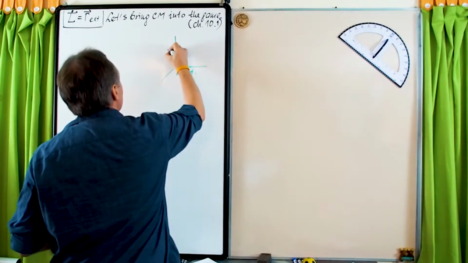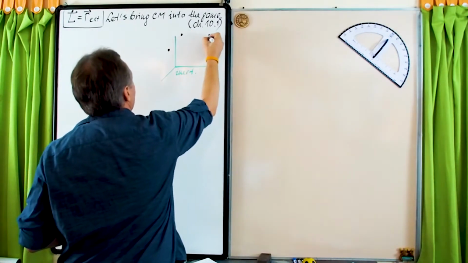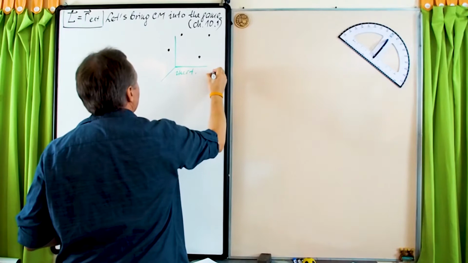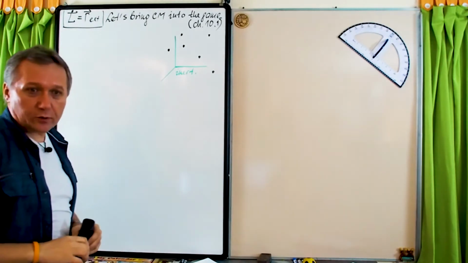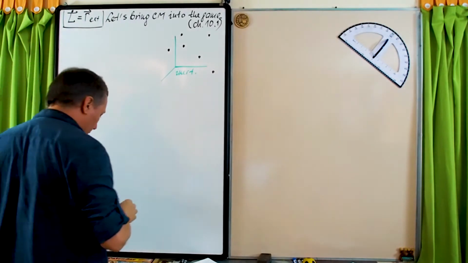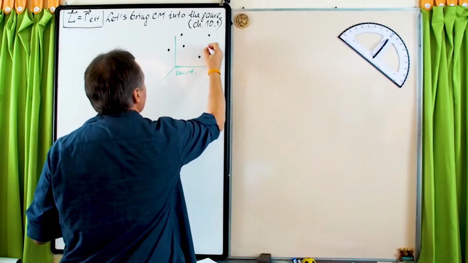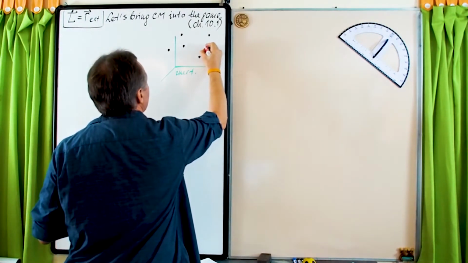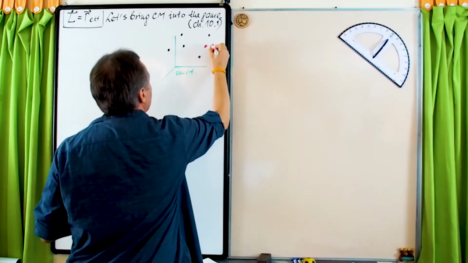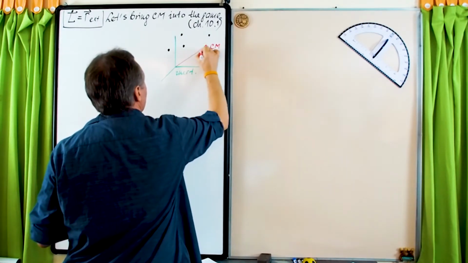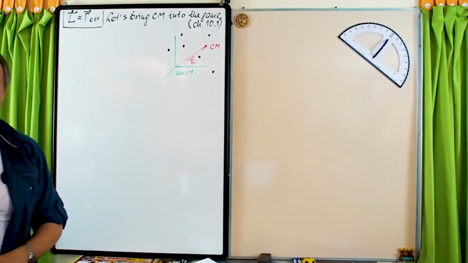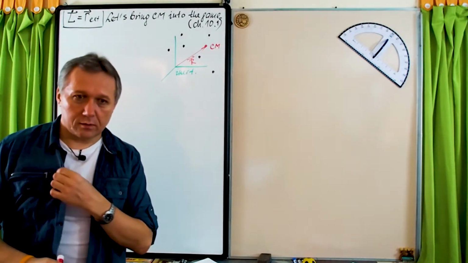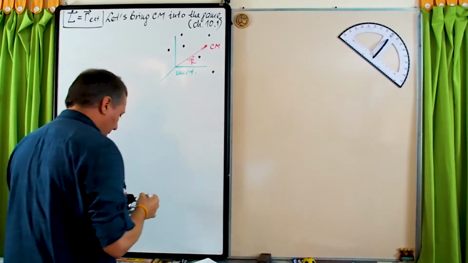And then let's assume that we have some multi-particle system, a bunch of particles, and the center of mass, since we want to bring it into this. So let's assume that this is our center of mass point, and of course position of that center of mass can be defined by using R capital.